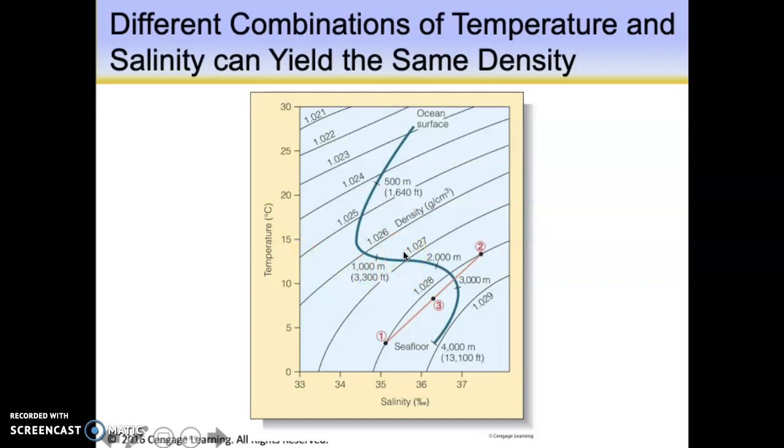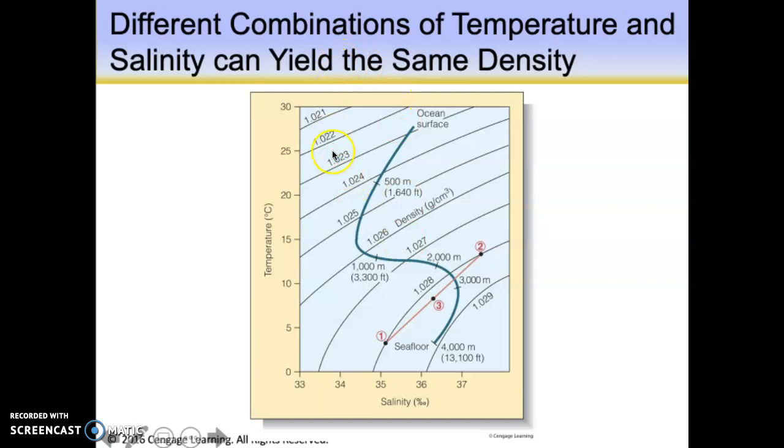So warm, salty water is going to be more dense than warm, not salty water. And cold, salty water is going to be the densest of all, but we can have some water in between that, because of its temperature and salinity, has some density differences as well.